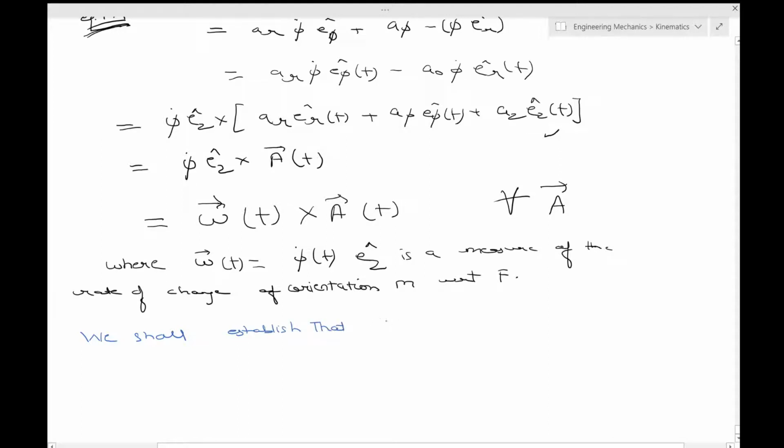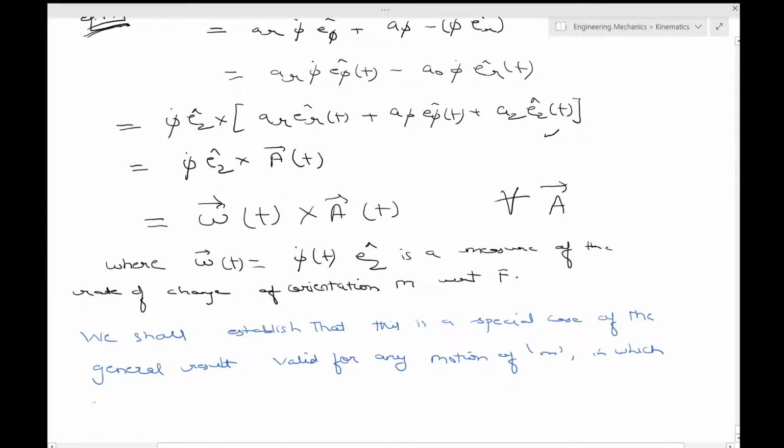That this is a special, particular case of any motion of M in which omega need not be the derivative of a finite angle of rotation.